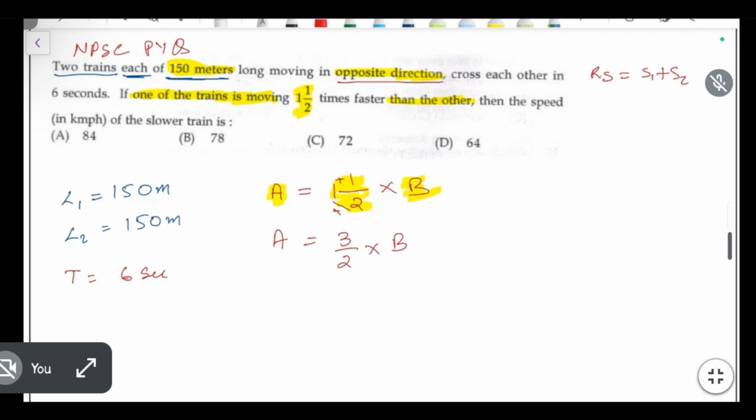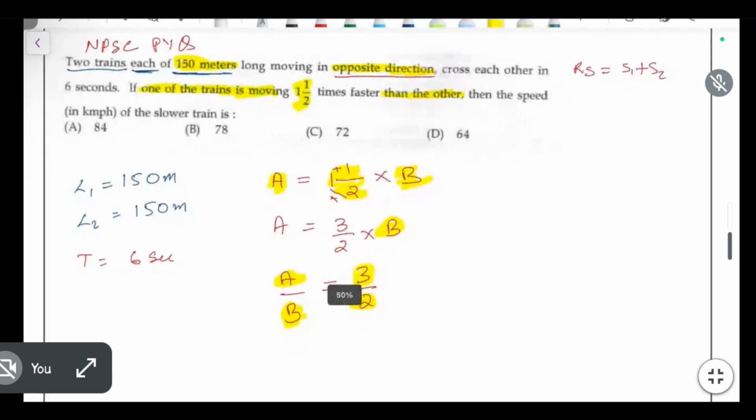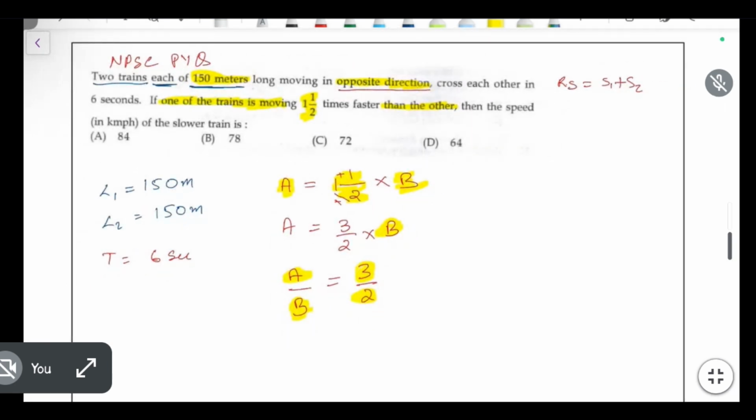With this one, I'll find the ratio. Ratio means A divided by B. If I transfer this B from numerator to the other side, it will go into denominator, which is equal to 3 by 2. So according to this ratio, the speed of the first train is this one and the speed of the second train is this one. I've told you when we were doing ratio and proportion, if you're solving the question in terms of algebraic approach, you need to assume along with x.